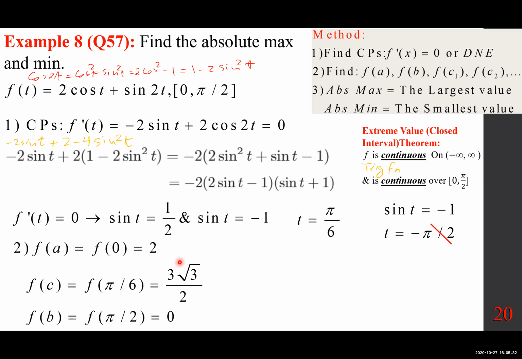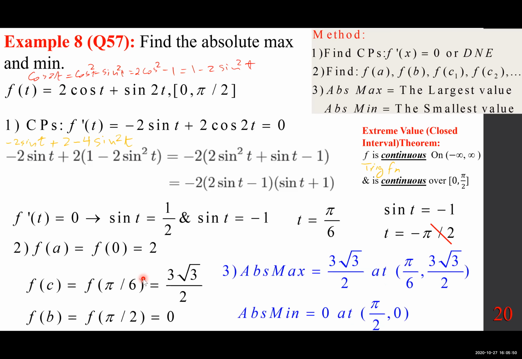We get 3 of those. I will show you this one in a moment. If you plug in pi over 2, I hope you realize that cosine of pi over 2 is 0, everybody. Sine of 2 times pi over 2, that means pi, is also 0, and we get 0. I will show you one of those calculations in a moment.